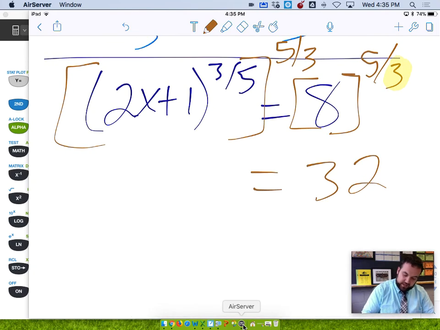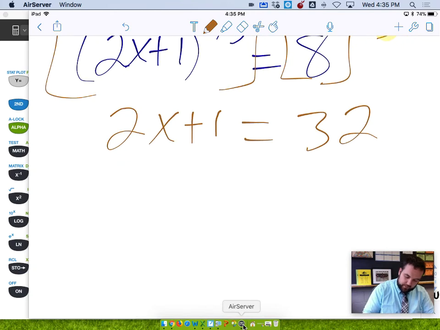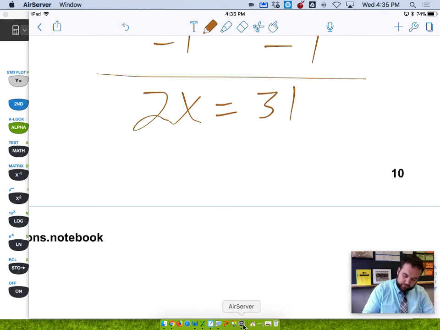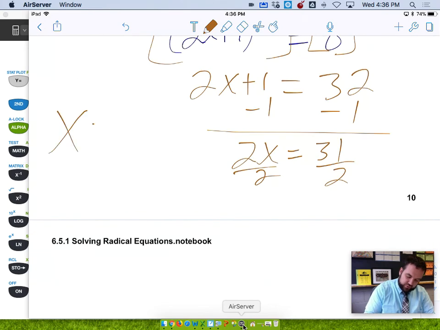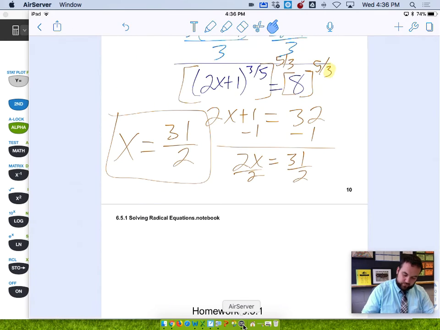My exponents cancel on the left side, so I'm just left with 2x plus 1. I'm then going to finish this off by doing just straight algebra. 2x equals 31. Divide both sides by 2, and I get an end solution of 31/2 or 15.5, however you want to think about it. Okay.